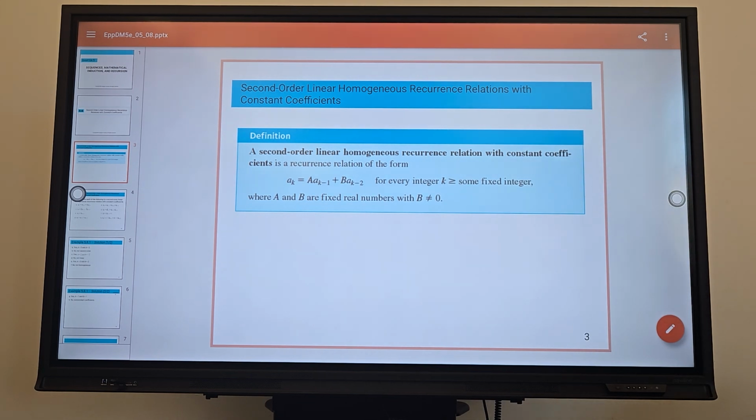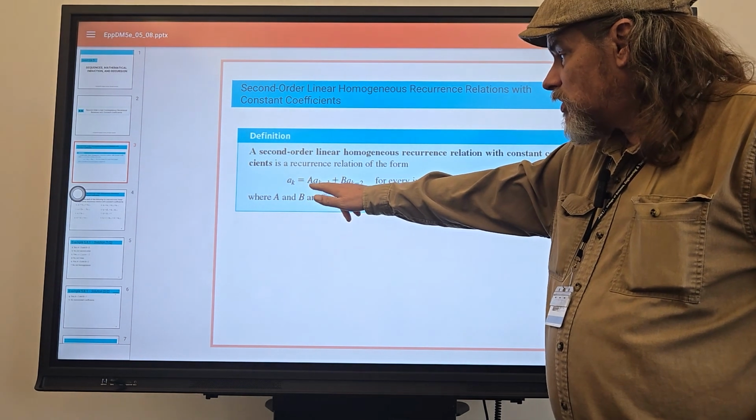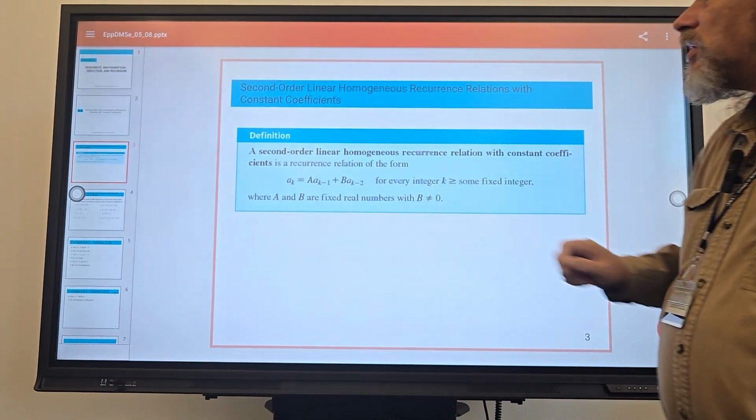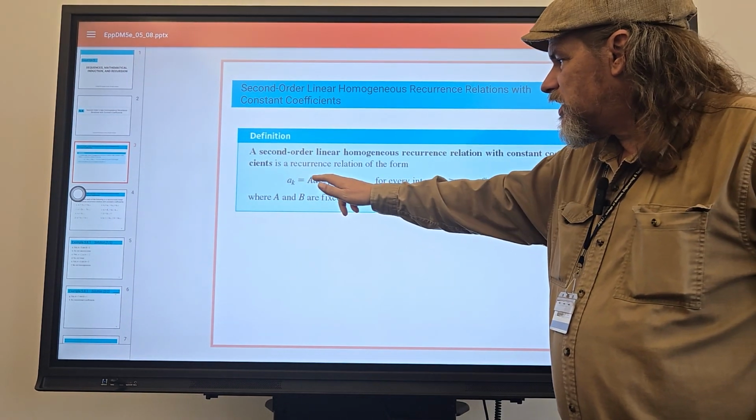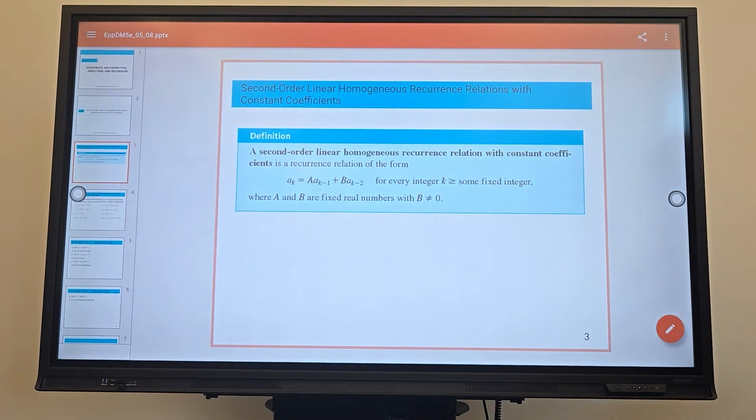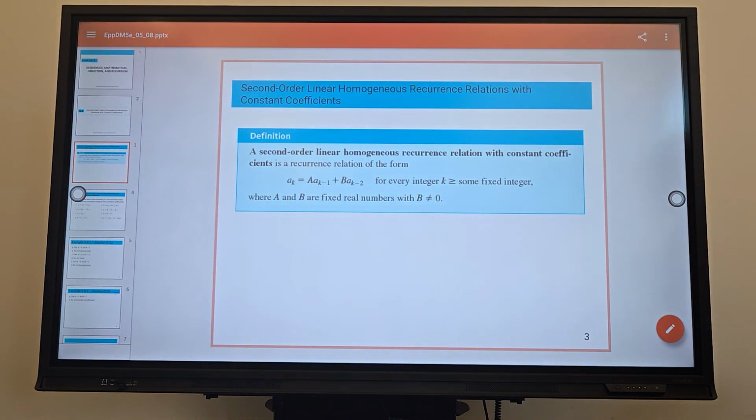Second order means, if I'm not mistaken, it's two terms. Linear, there's no powers like a sub k minus 1 squared or a sub k minus 2 squared or anything like that. It's linear.